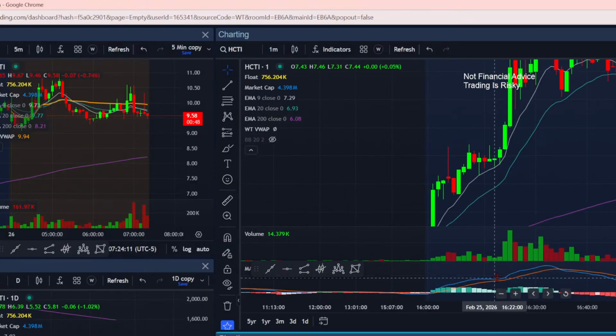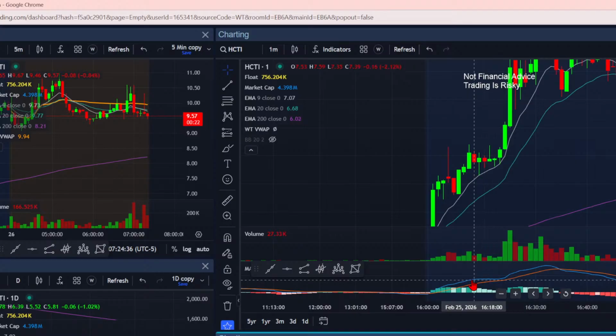But you have volume also right here. You have selling volume. And you have these lines. Now, all I know is you want these two lines to diverge. You don't want them to cross at all.